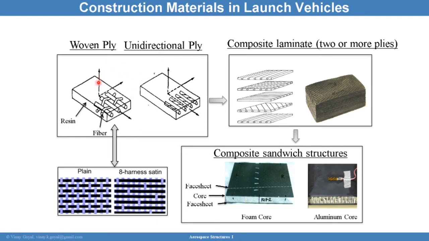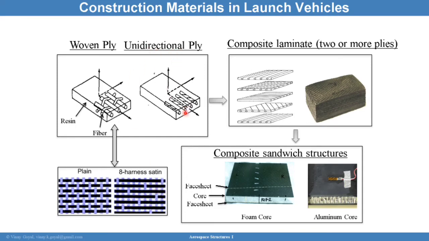In a more advanced composite materials course, we will cover the types of woven composites you could have. There's a plain weave, where you have fibers, the tows, going one up and one down, or the 8 harness, where the two directions are different in terms of how they're woven together.